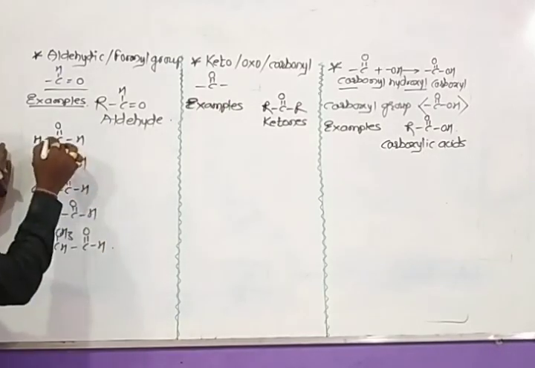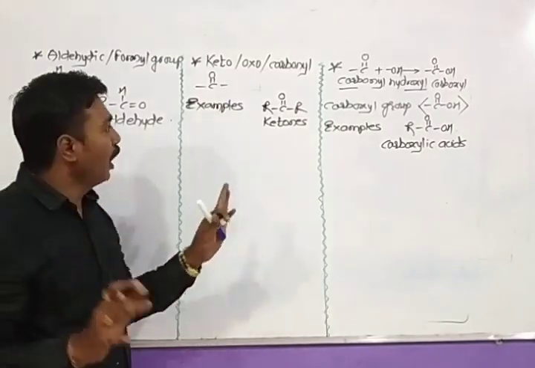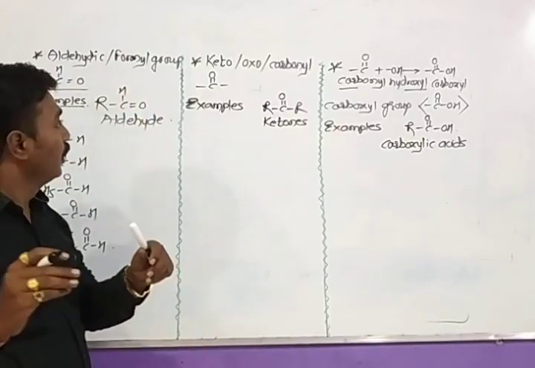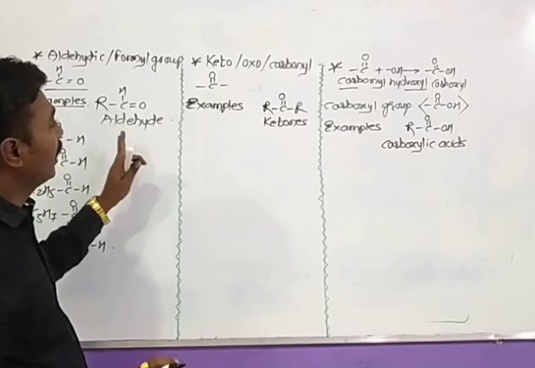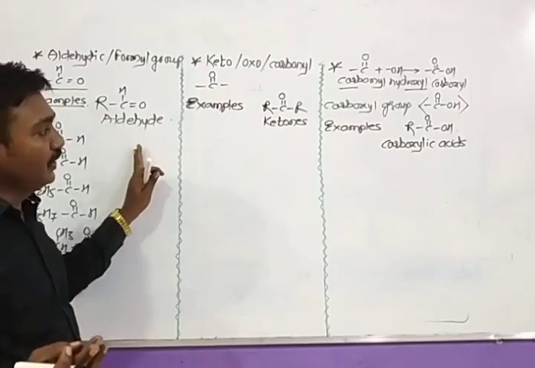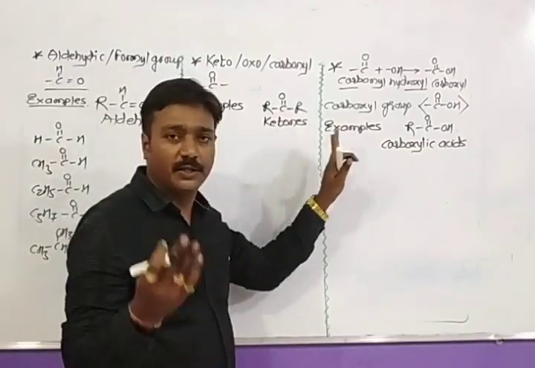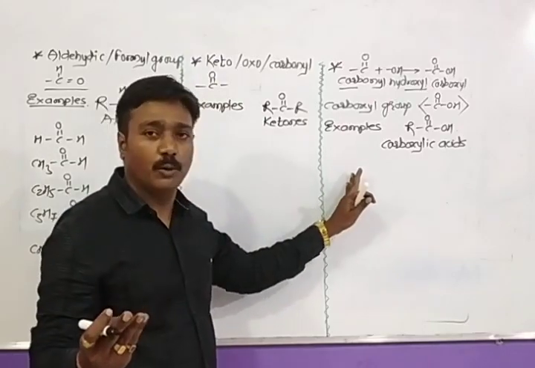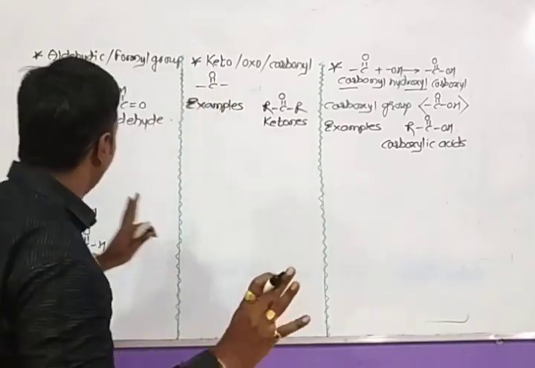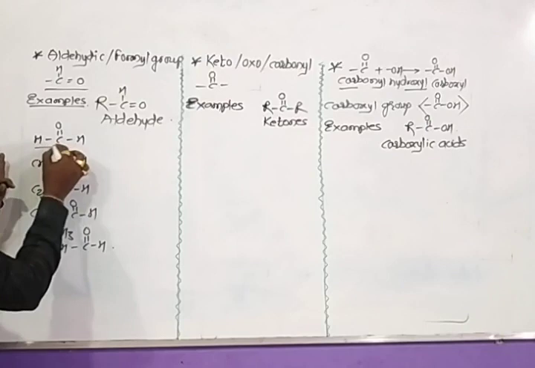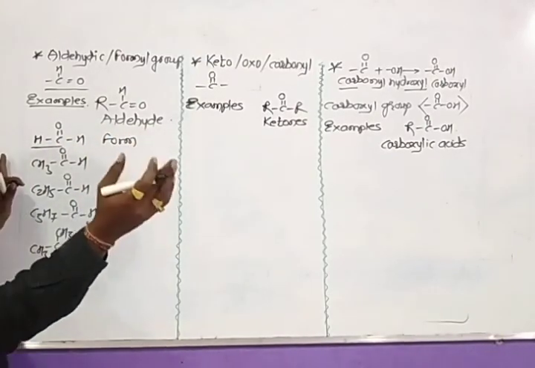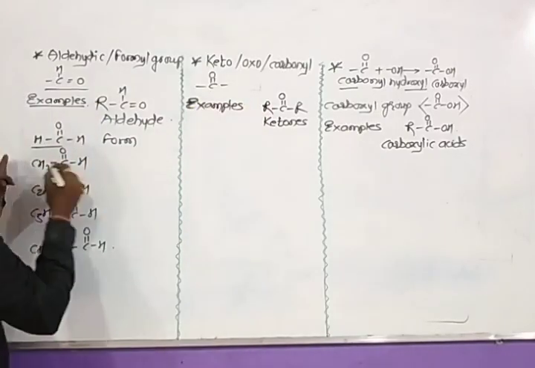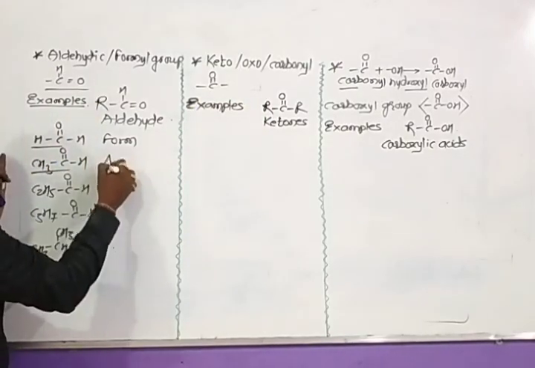Now, for writing the common names of such compounds, we already discussed in the previous lecture how to write the common names of aldehydes, carboxylic acids, cyanides, acyl chlorides, esters, etc. For that, we will write formic acid. For that, we will write acetic.